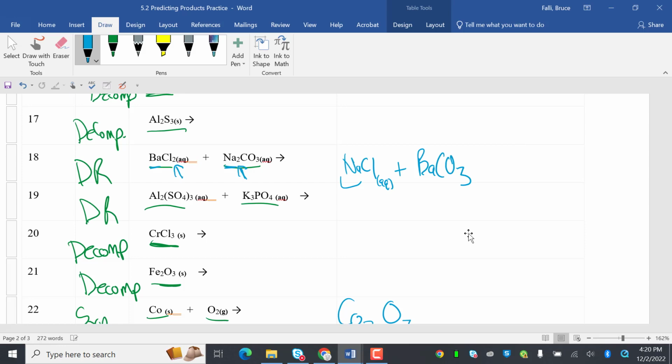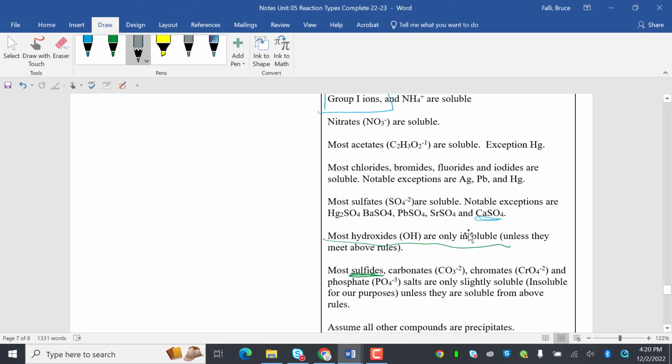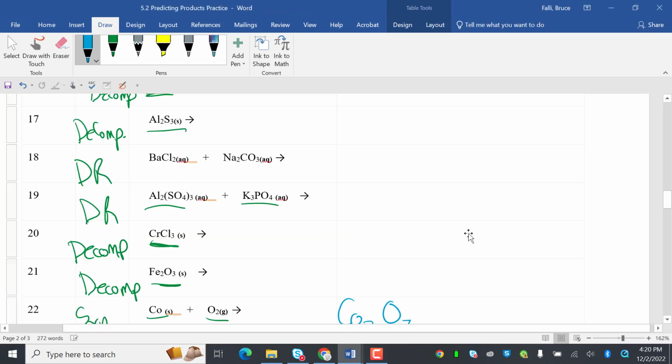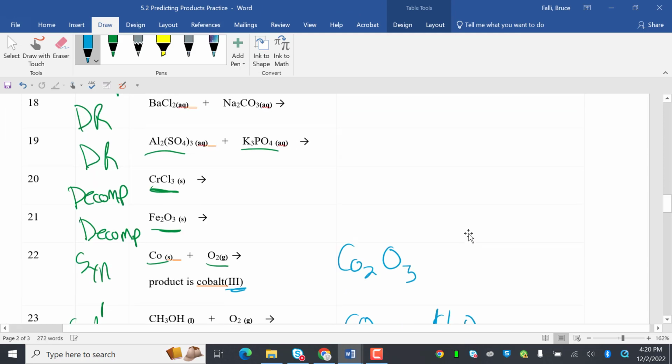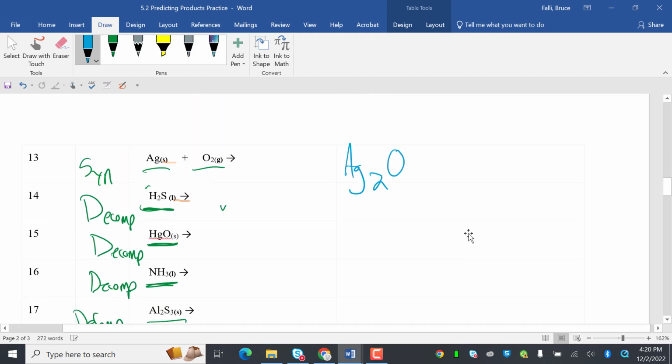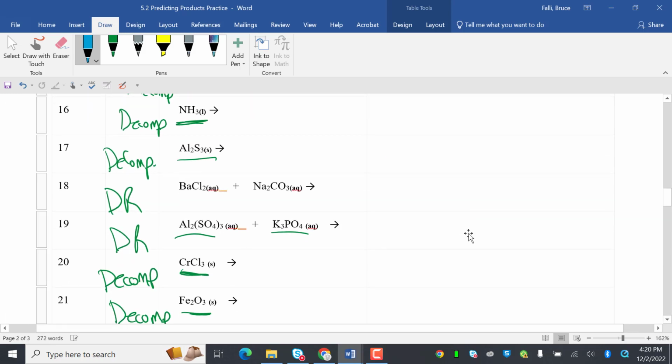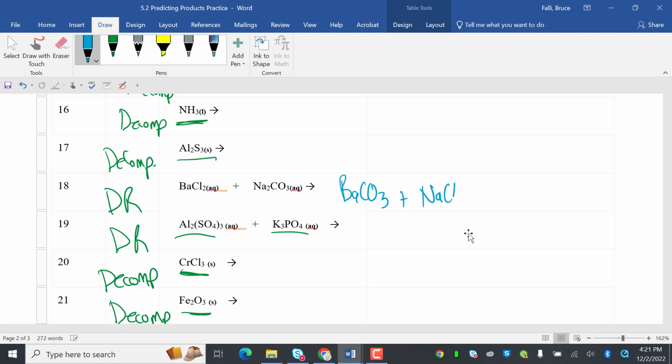Carbonate, I need a carbonate rule. Most carbonates are insoluble unless the above rules apply. Barium carbonate plus NaCl. We said this was aqueous because of sodium, and this is a solid because carbonates are insoluble.